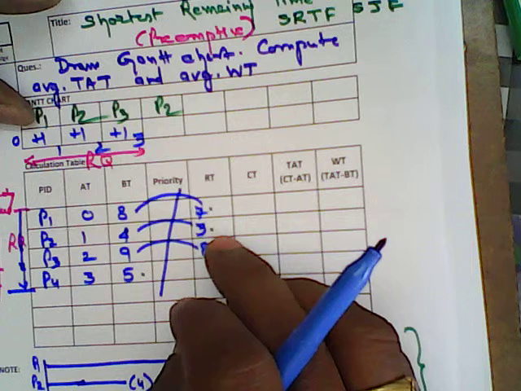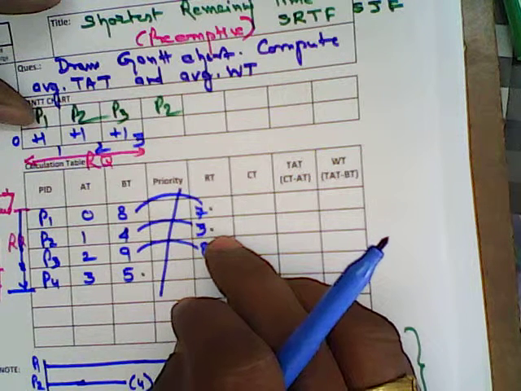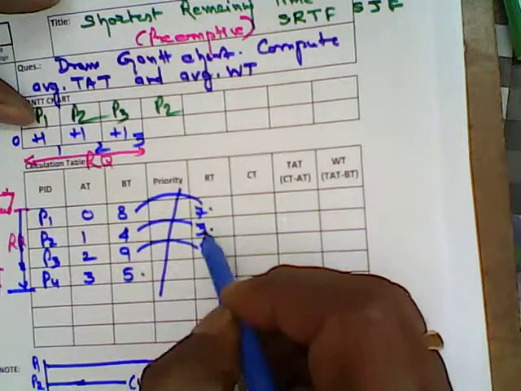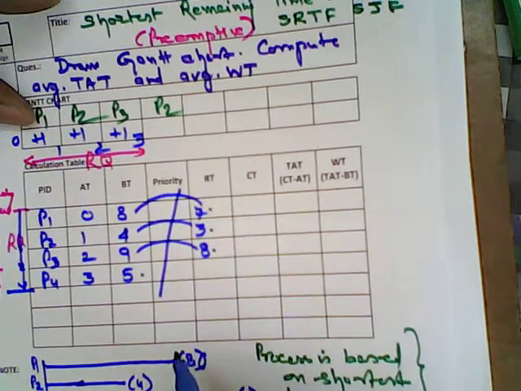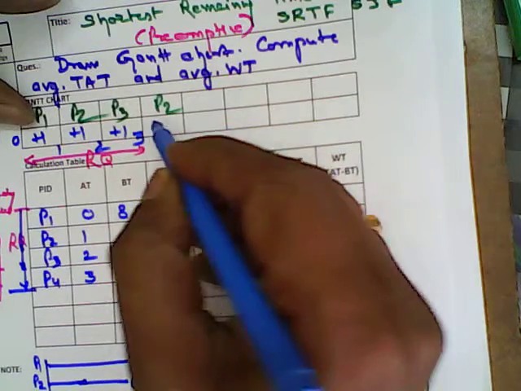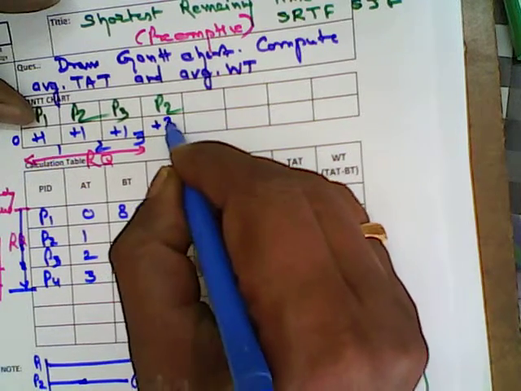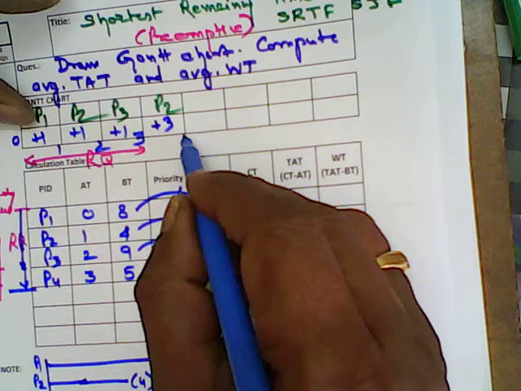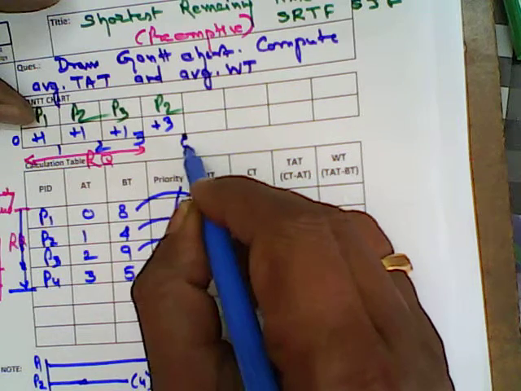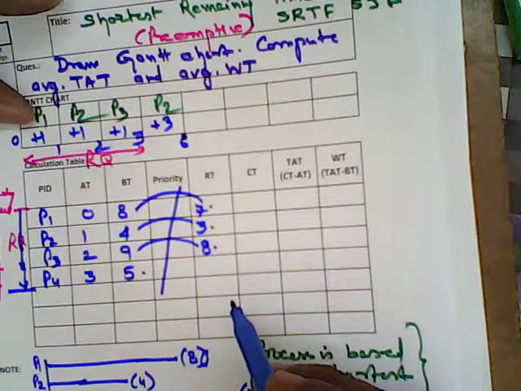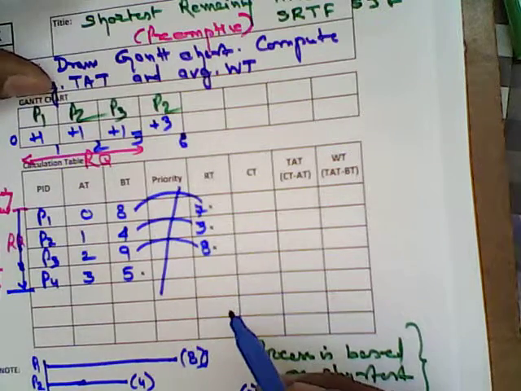It is going to process for the remaining time, 3. So we will be putting +3 here. So 3 plus 3, it comes as 6.